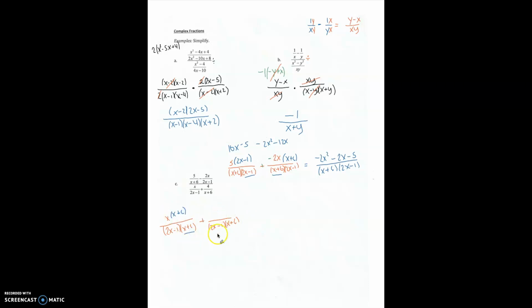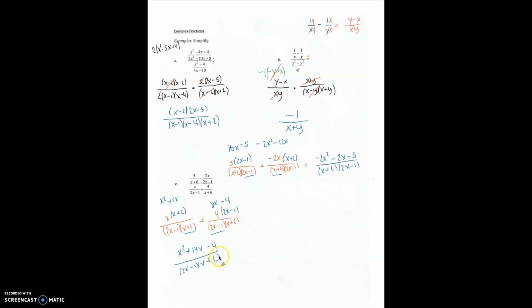And what did we multiply the second fraction by? 2x minus 1. So let's go ahead and distribute. We get x squared plus 6x. And here we get 8x minus 4. Like terms, we get x squared plus 14x minus 4. And then our denominator is 2x minus 1 times x plus 6.